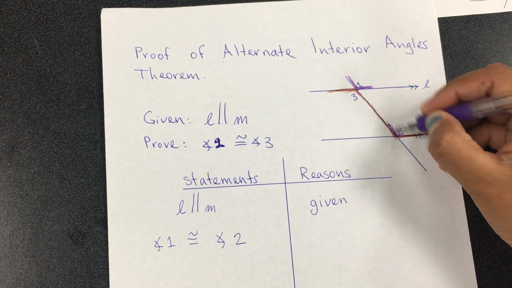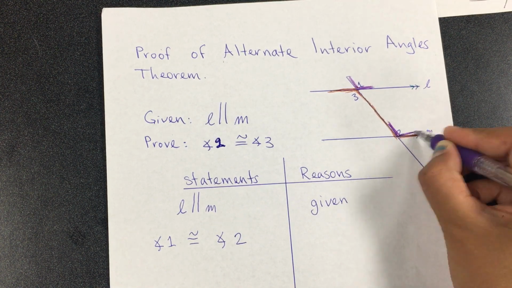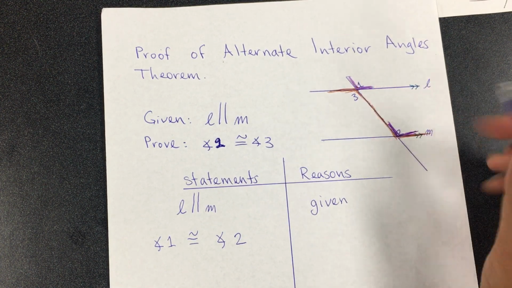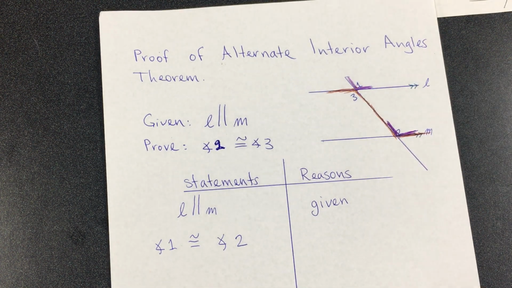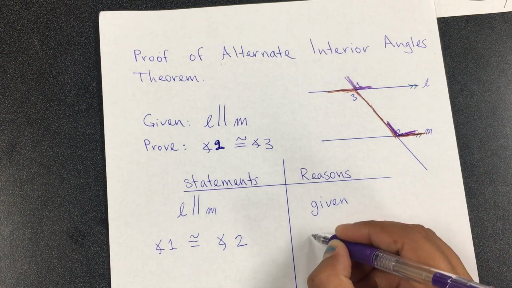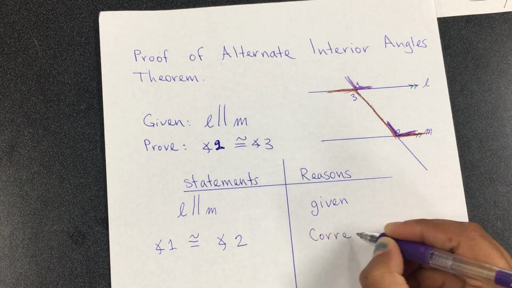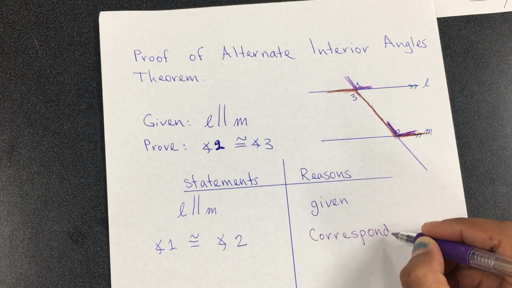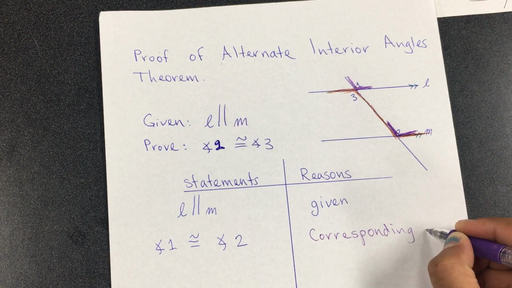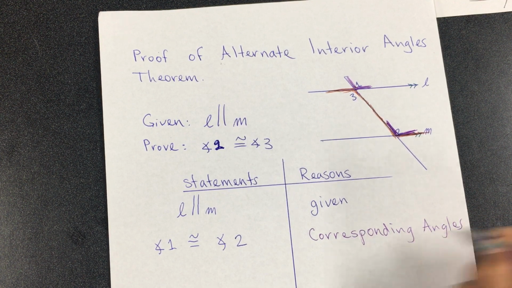If you remember, we said that corresponding angles, which is like the little boots, are exactly the same measurement, and it's a postulate, so we take it as true, and we can say corresponding angles postulate.